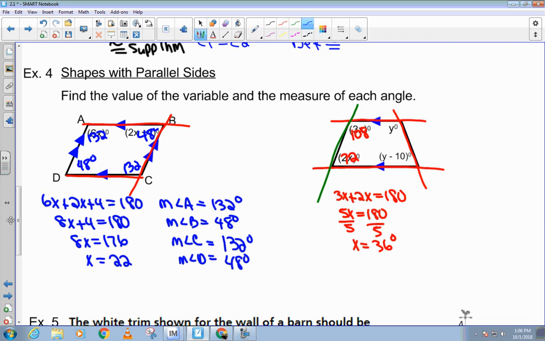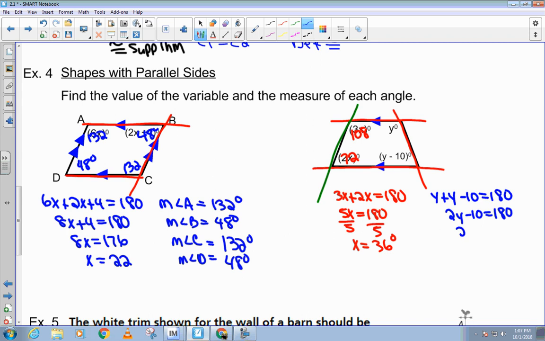Now, I can't do same side interior here because these transversals are not parallel. So now I have to come over to my other pair of parallel lines cut by the red transversal. And so what would I do to find y? Add those together, so y plus y minus 10 equals 180. So that gives me 2y minus 10 equals 180.